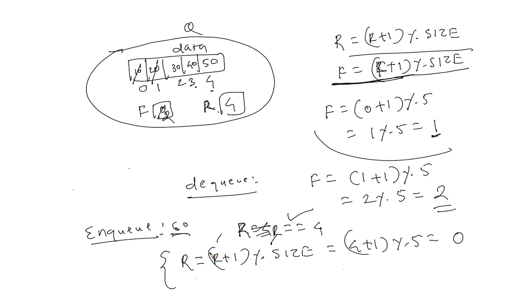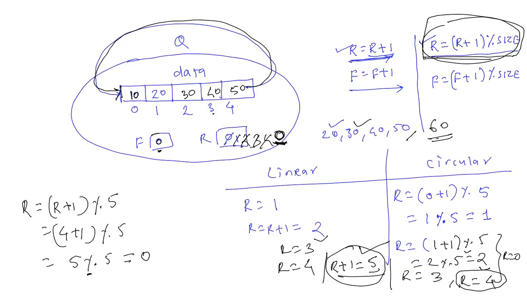So R was 4, and after incrementing, R becomes 0. Now, this incremented R, circular incremented, is compared with F. In the previous case, incremented R was 0 and F was also 0, which means an element was present there. In that case, we concluded that the queue is full.